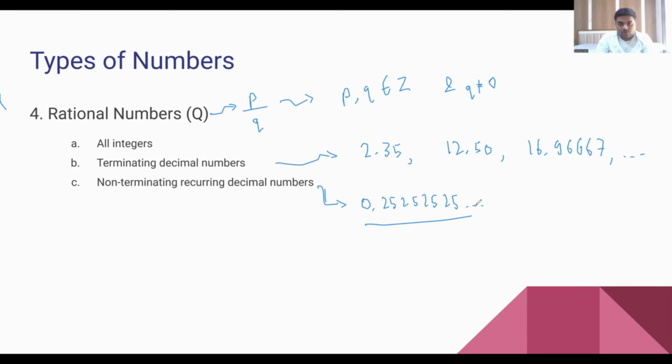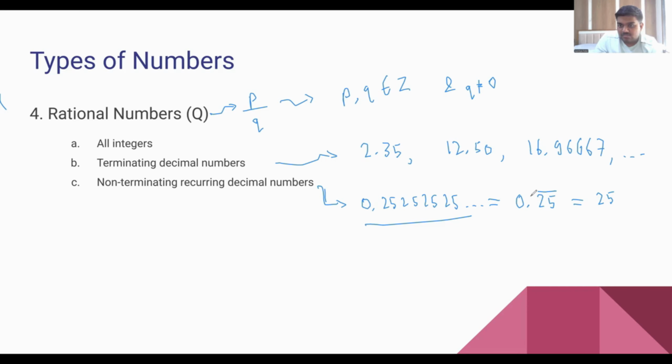Okay. So here the digits 2 and 5 are getting repeated alternately. So we can say that 0.25 bar is the representation for such number. Okay. So here what we generally do is, we write this to be equal to the digits inside the bar, so which are 2, 5, like all the digits after the decimal.